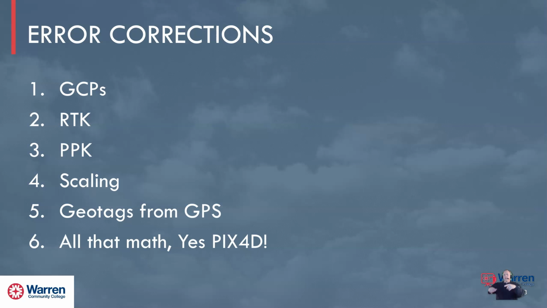And what you're going to do then is measure those and go into PIX4D and fix photographs individually and move them. So the geotags from GPS are automatically there. All this takes, behind the scenes, an incredible amount of mathematics and mathematical algorithms that you would have had to do without PIX4D, but PIX4D is going to do this all for you.